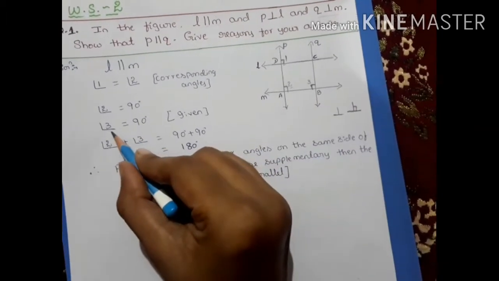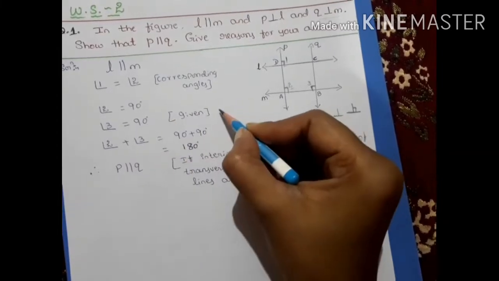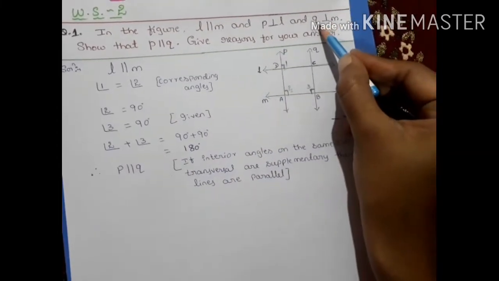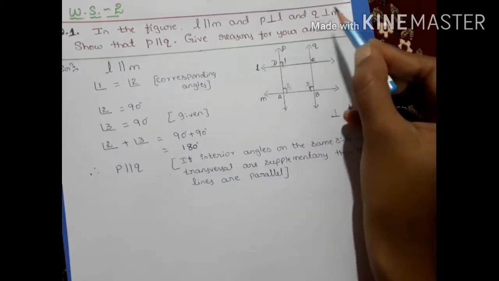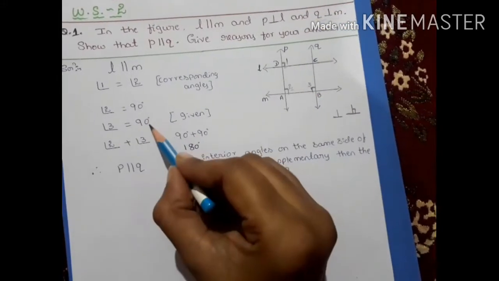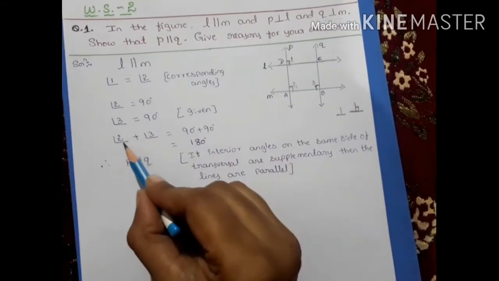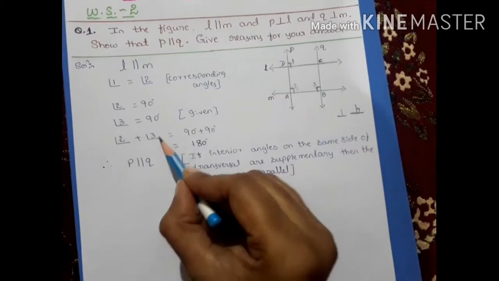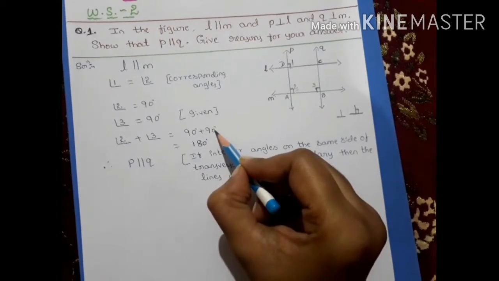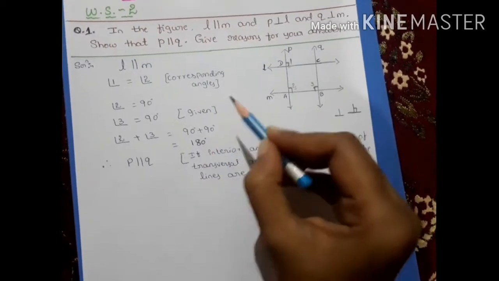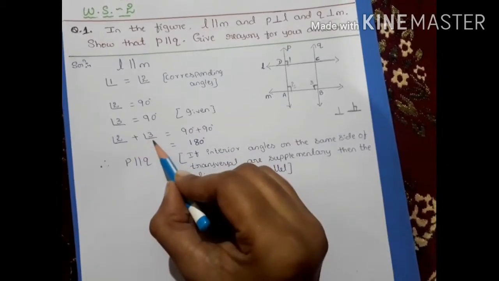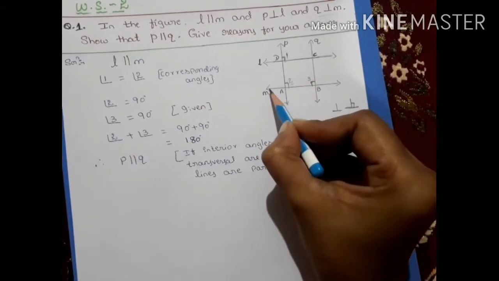So write down angle 3 equals 90 degrees, from Q perpendicular to M. Here angle 2 plus angle 3 equals 90 degrees plus 90 degrees equals 180 degrees. Why can we write angle 2 plus angle 3? Because just look at this figure.